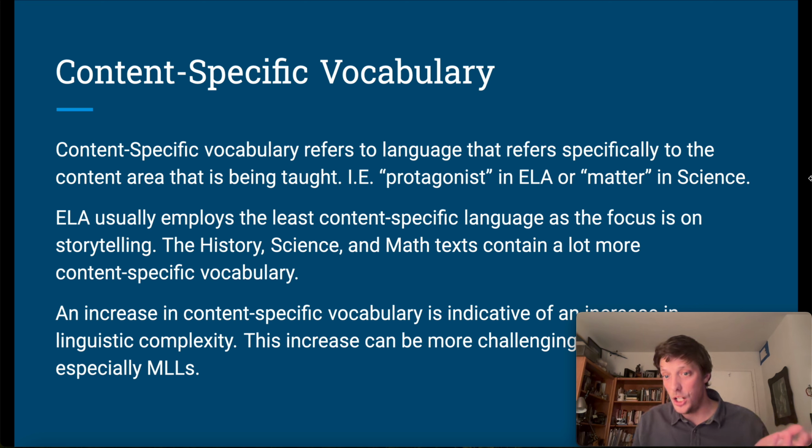As the terminology gets more difficult, understanding it also becomes more difficult. This is something to keep in mind with all students because there is no guarantee that they are familiar with academic language used in previous classes. And it can be especially challenging for multilingual learners who might not have had that same foundation in previous grades.